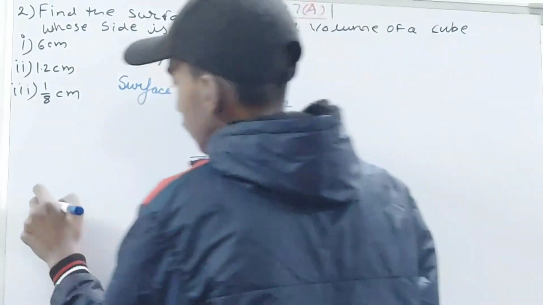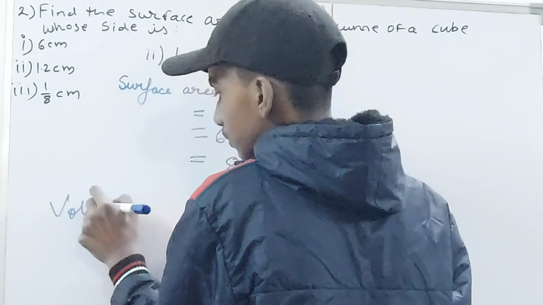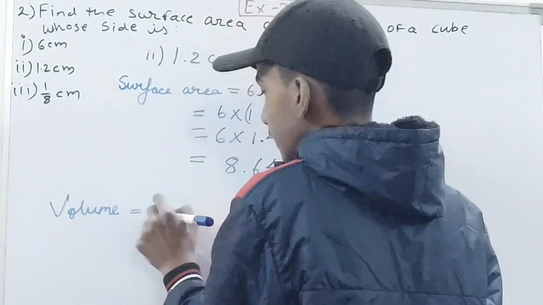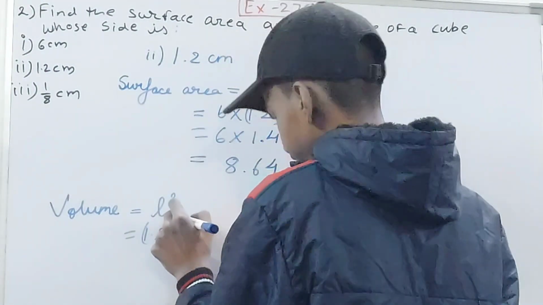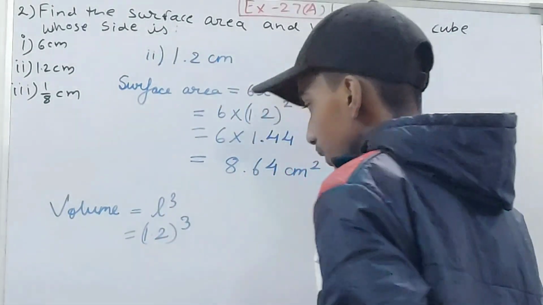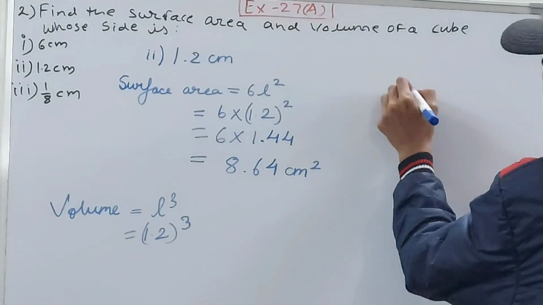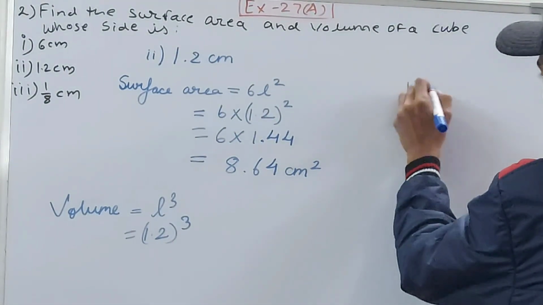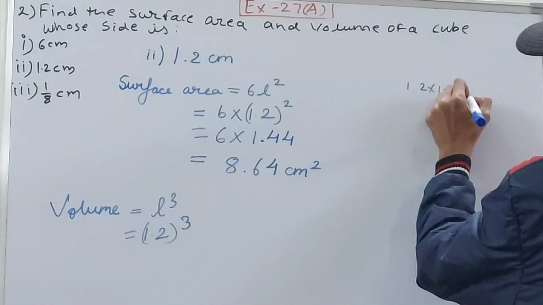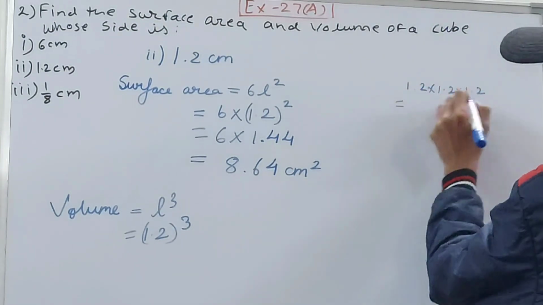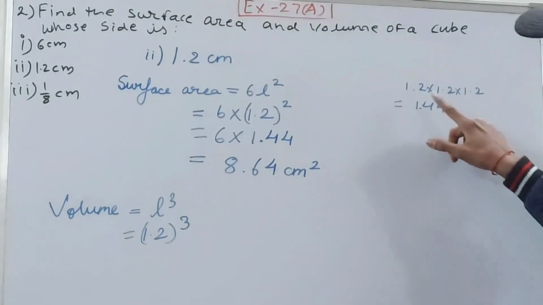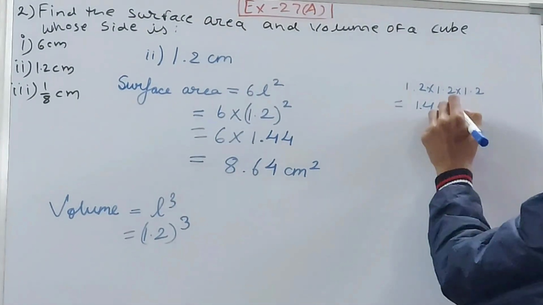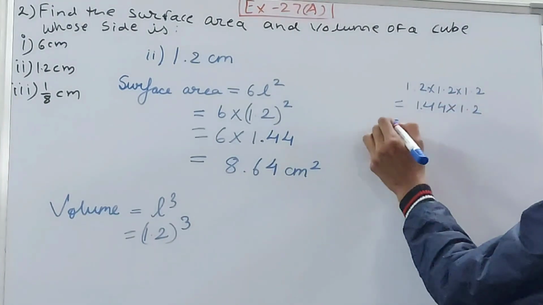Next is the volume. Volume is L cube. So 1.2 cube. Let's see, 1.2 into 1.2 into 1.2, right? So I know 12 square is 144, so 1.44 here. Put the decimal point after 2 places, and into 1.2.